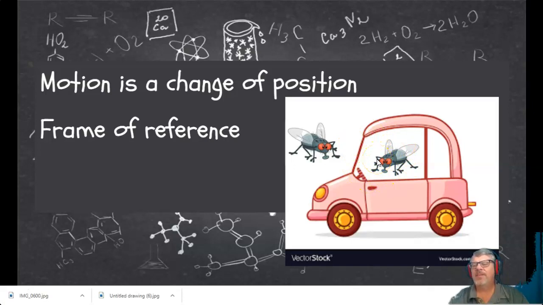He seems to be thinking he's sitting still. But the bug that's in front of the windshield would definitely think the car is moving, because he would be flying there and he would see the car coming at him really, really fast. So depending on which fly you are, you'd have a different frame of reference. Inside the car, no, I'm moving the same as the car is, so it's not moving. And outside of the car, it is definitely moving because I'm going to get crashed on that windshield.